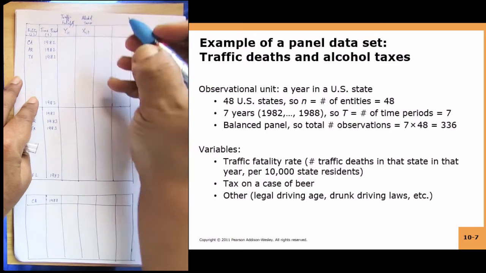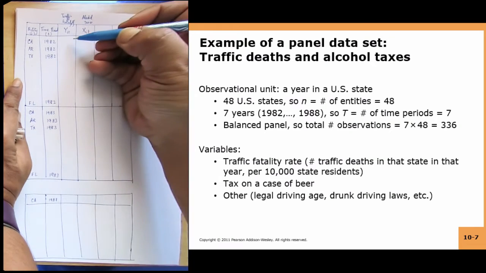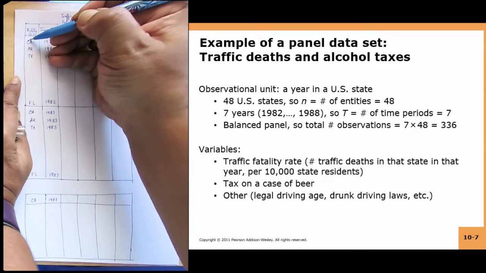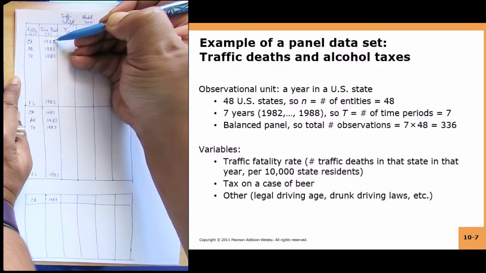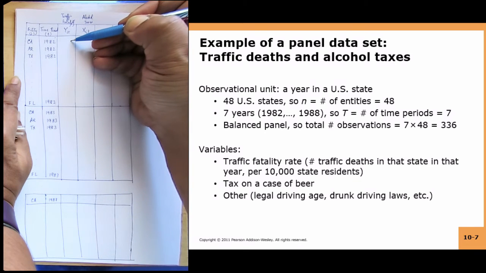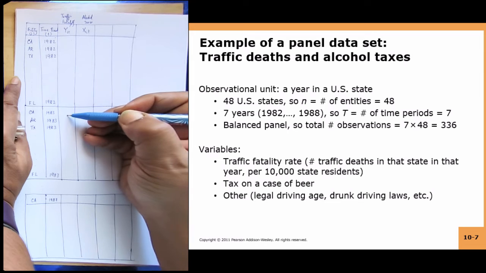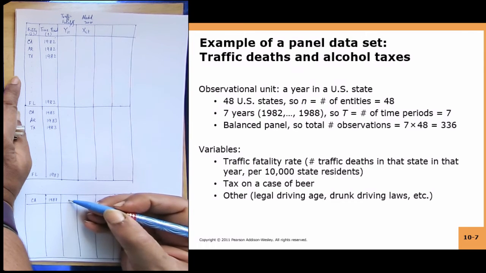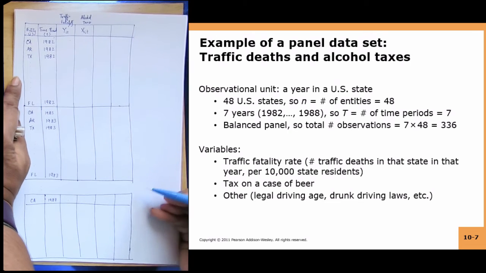Both traffic fatality rate and alcohol taxes may vary across entities and also for the same entity over time. So the 1982 traffic fatality rate for California may be something, the 1983 rate may be something else, and the 1988 rate may be something else again.